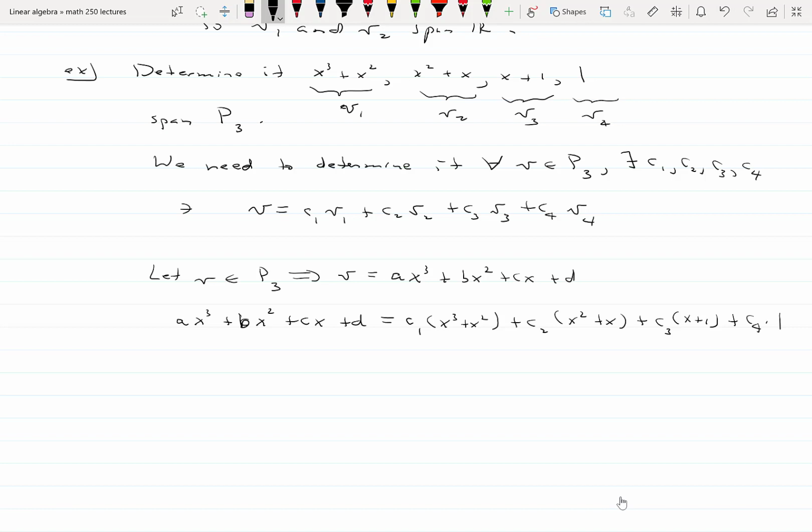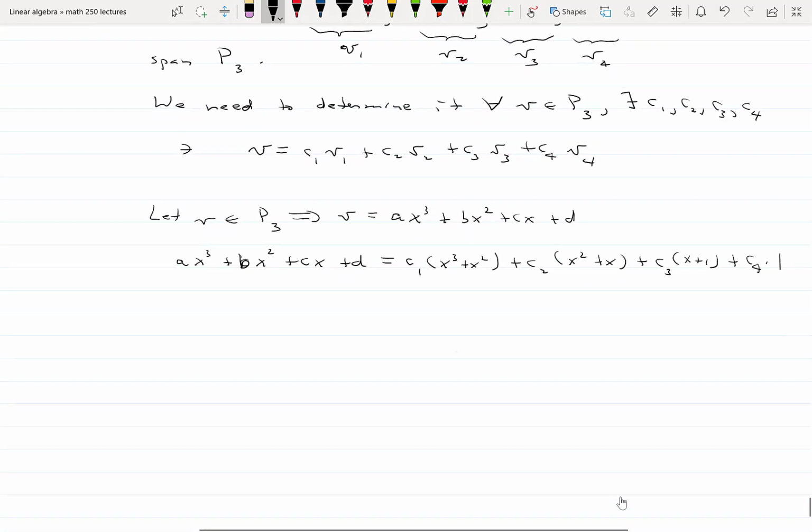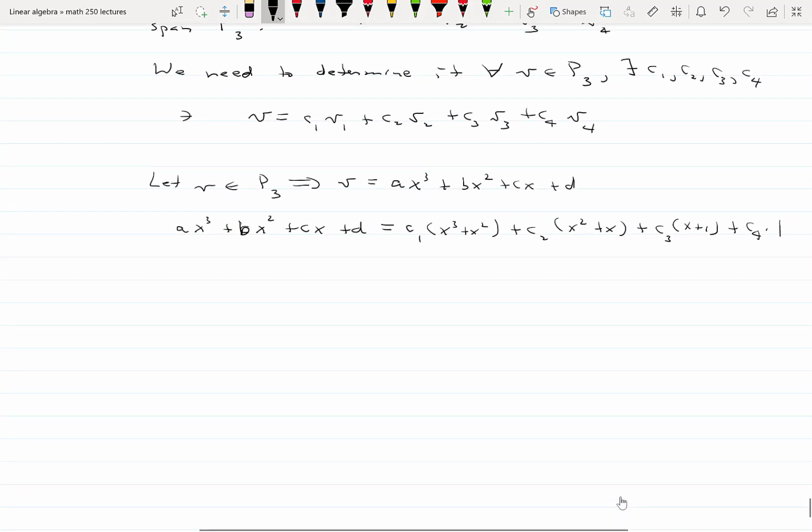We need to see if we can find constants C1, C2, C3, and C4 that will make this work. Well, let's translate this vector equation, vectors are polynomials now, into a system of equations.